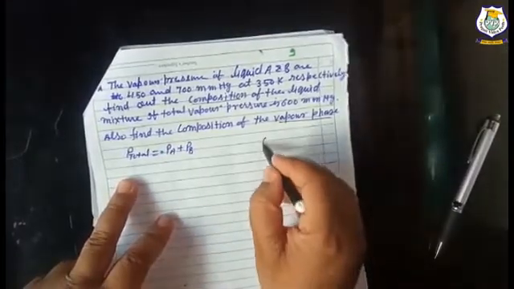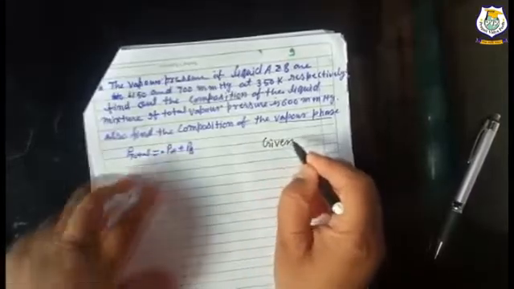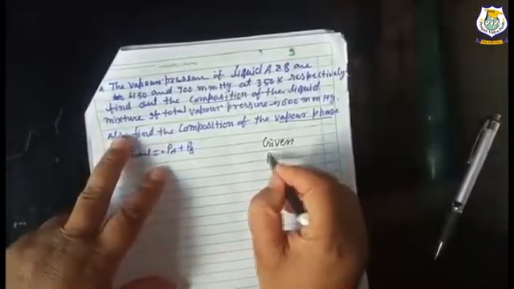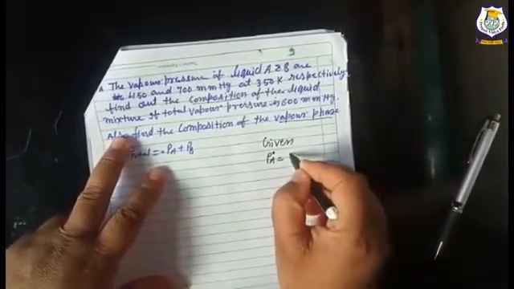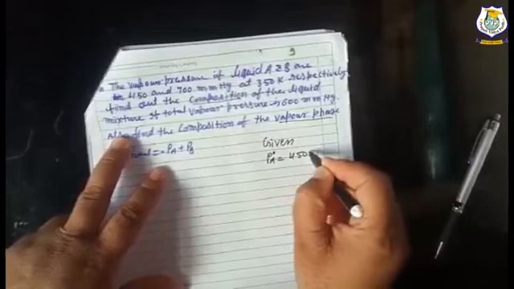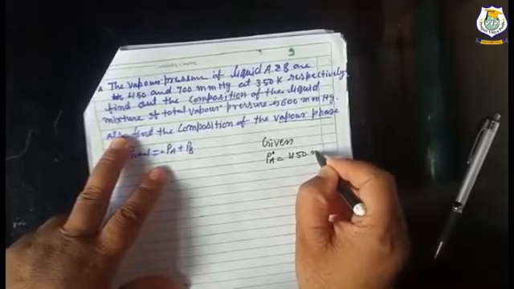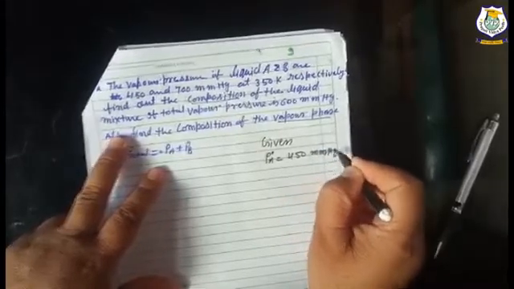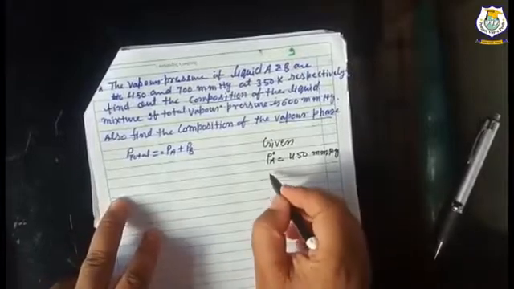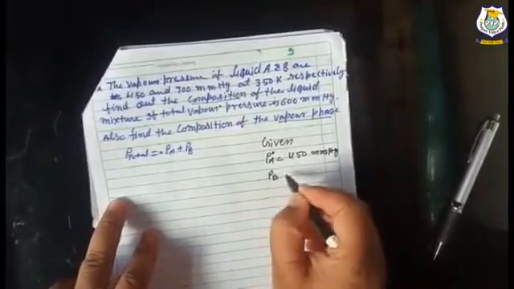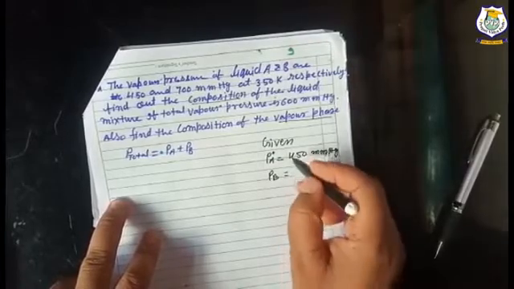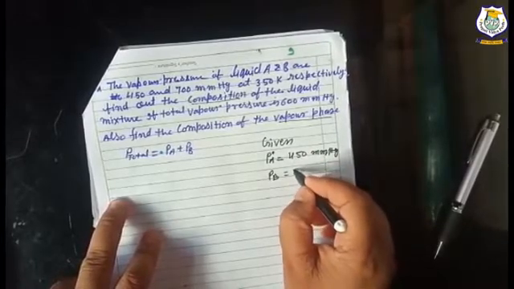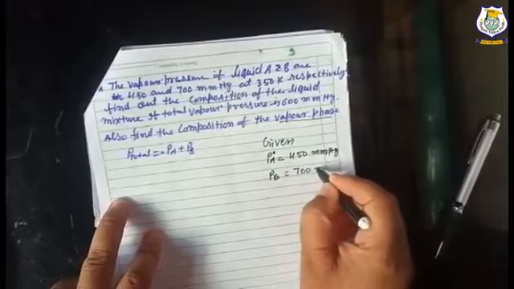Given values are P naught A equals 450 mmHg, P naught B equals 700 mmHg.